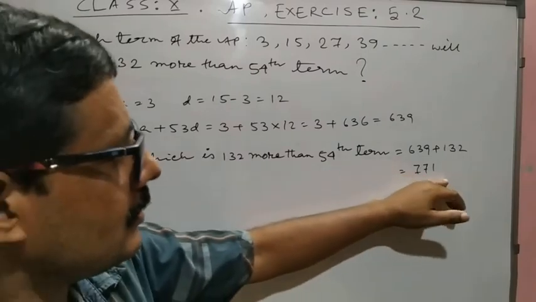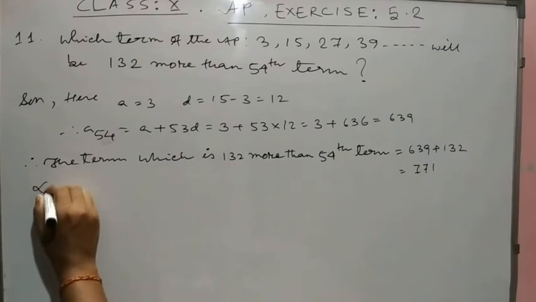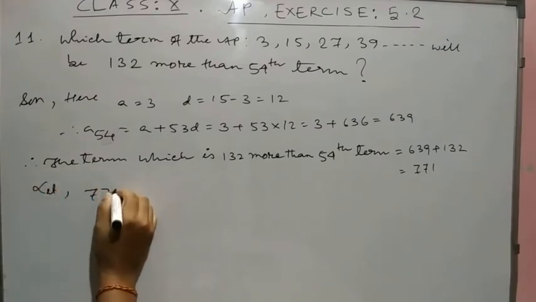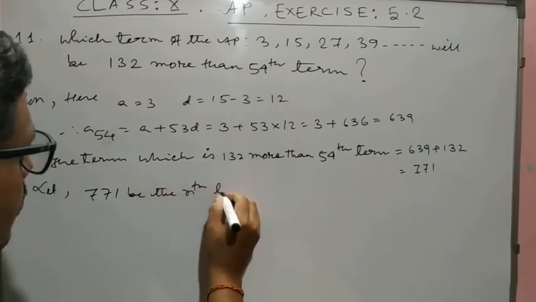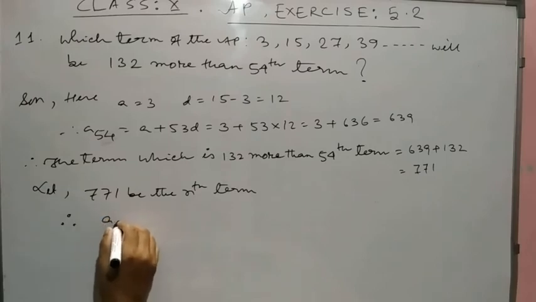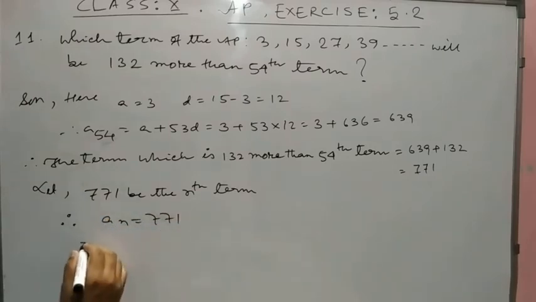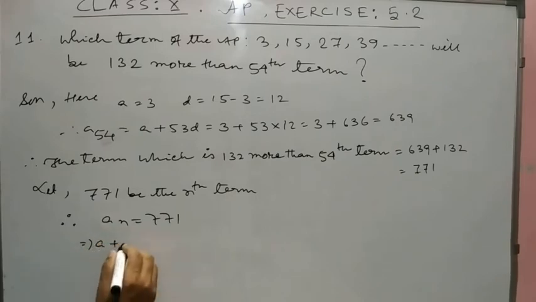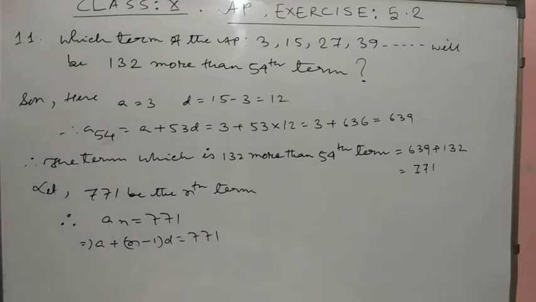So let 771 be the nth term. Therefore, an equal to 771. This implies that a plus (n minus 1) into d equal to 771.